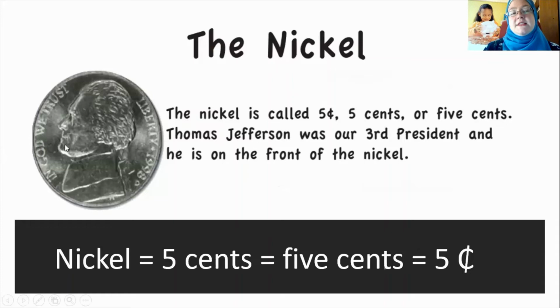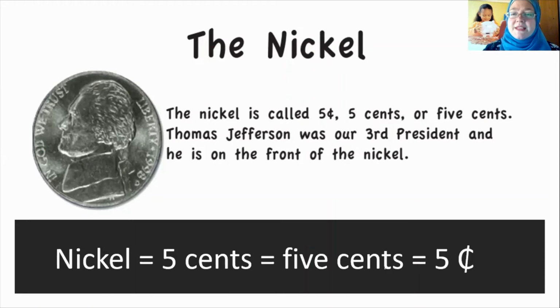So let's look and see what makes the nickel a little bit different. That face doesn't look like the other one, does it? No, because this is actually Thomas Jefferson. And Thomas Jefferson was the 3rd president of the United States, even further back than Abraham Lincoln. And they have him in 2 different faces.